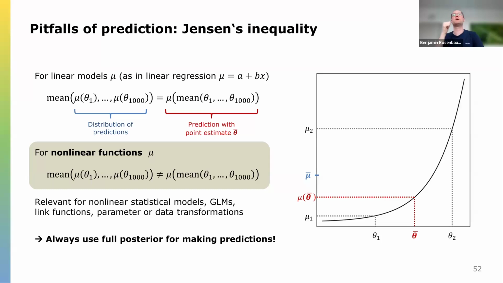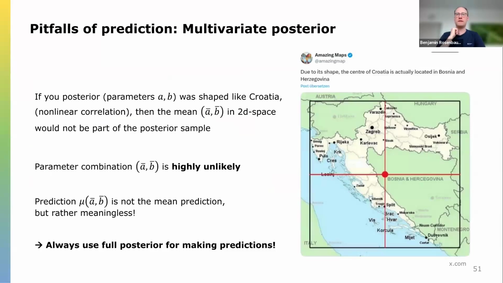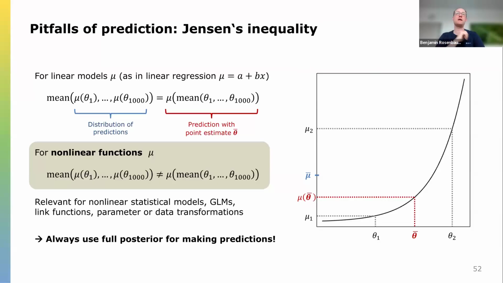But only if you have a linear model and your posterior looks nice. In other cases, for instance GLM, you will make predictions that are wrong if you use the mean parameter values. And this is because usually there's some nonlinearity, for instance the link function, so the log or the logit.